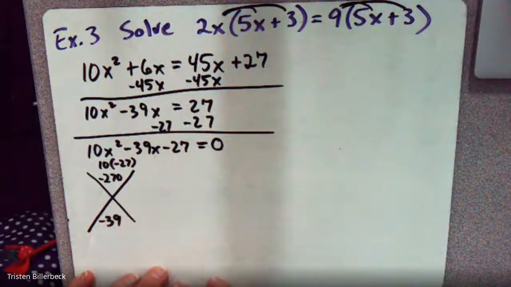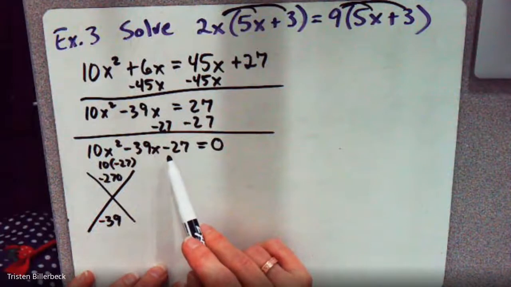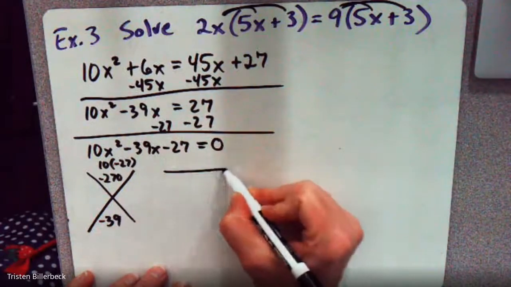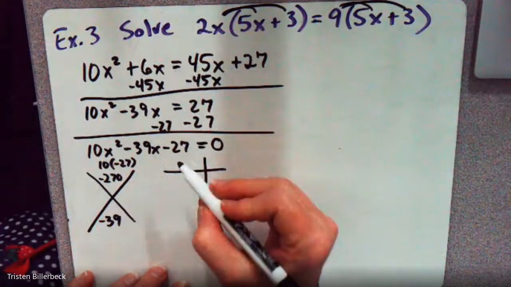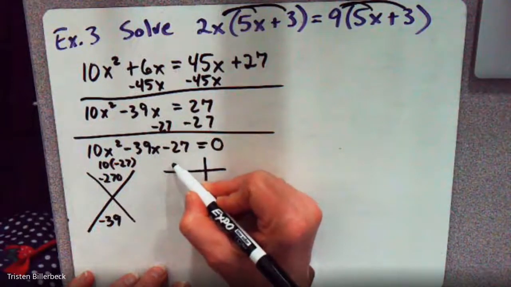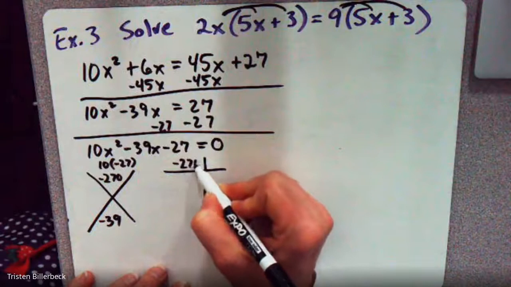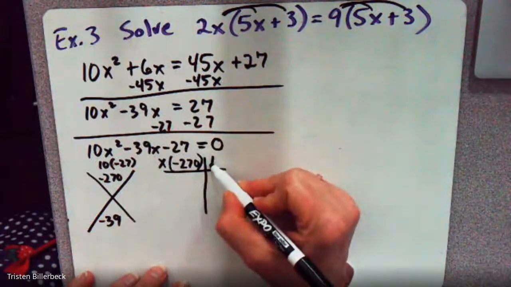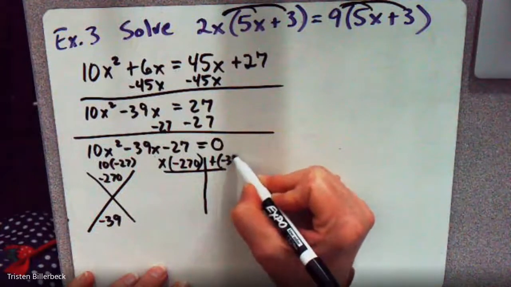So these numbers are pretty far apart, and one's negative, one's positive. So let's do the brutal way of doing this. Negative 270, it multiplies to be that, and it adds to be negative 39.